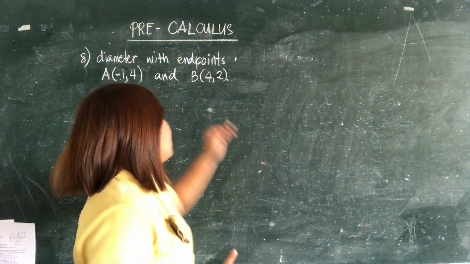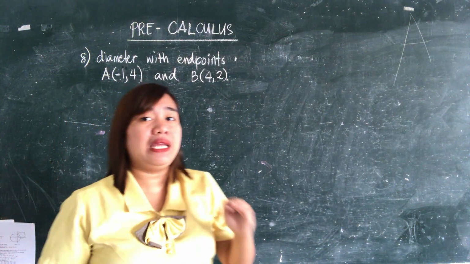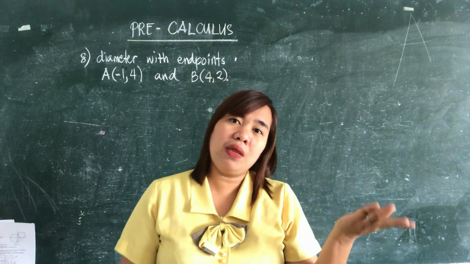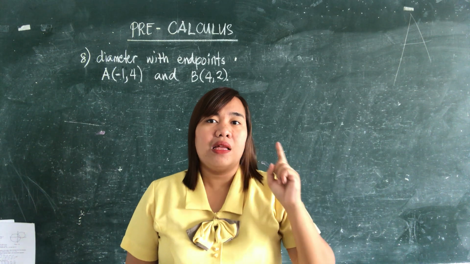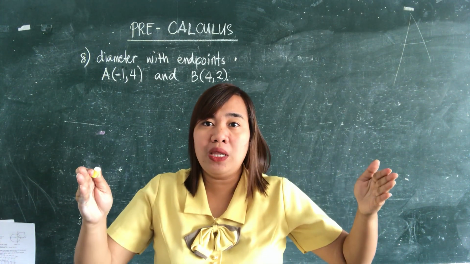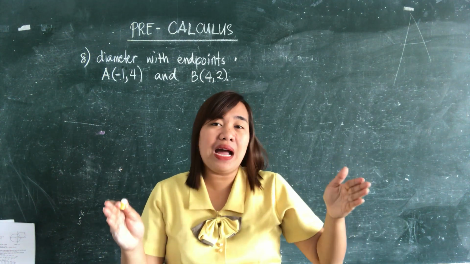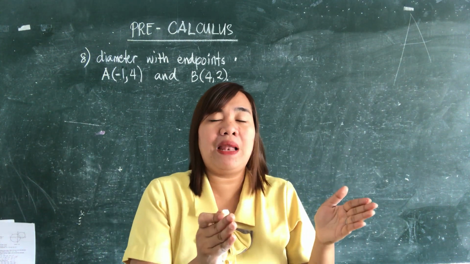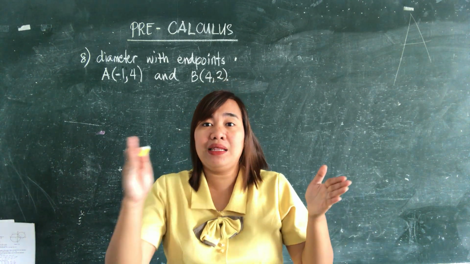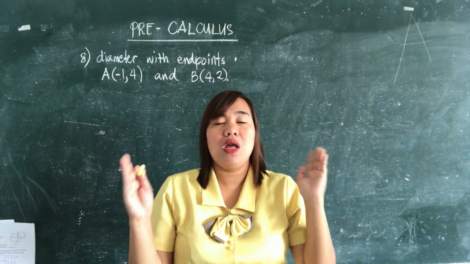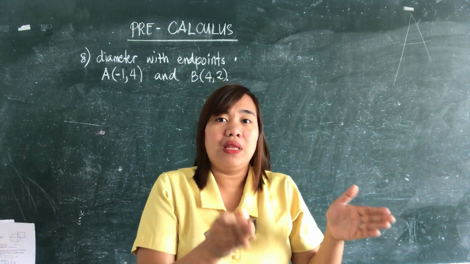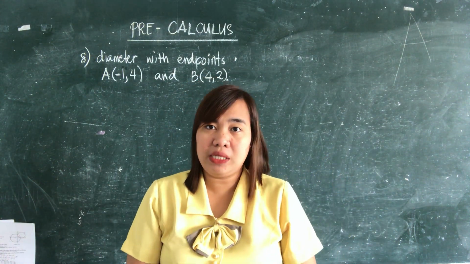So since diameter ang ibinigay sa atin, we all know in our previous mathematics lesson that diameter is yung full na radius. Kumbaga, if you multiply the radius by 2, you will get the diameter. And if you divide the length of the diameter by 2, then it will give you the radius.